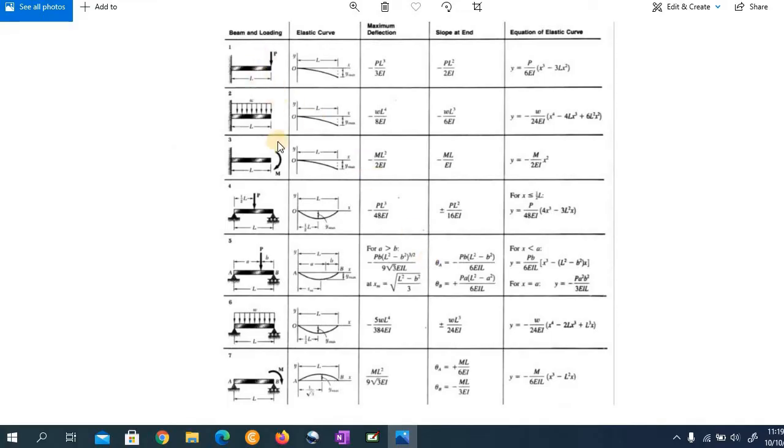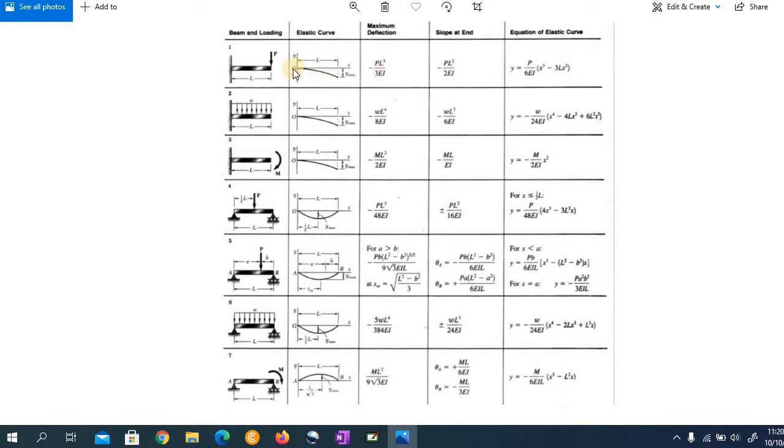So if you take a look at the beam deflection chart here, this is the type of beam we have and the type of loading. As you can see, we are having a point load, and this is acting at the edge of the cantilever beam. So when we have such type of beam and such type of loading, the deflection is going to be negative PL raised to the power of 3, then divided by 3EI.